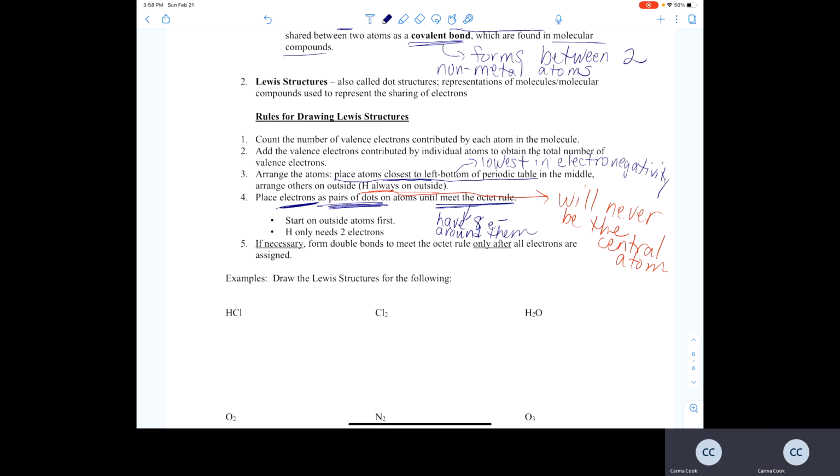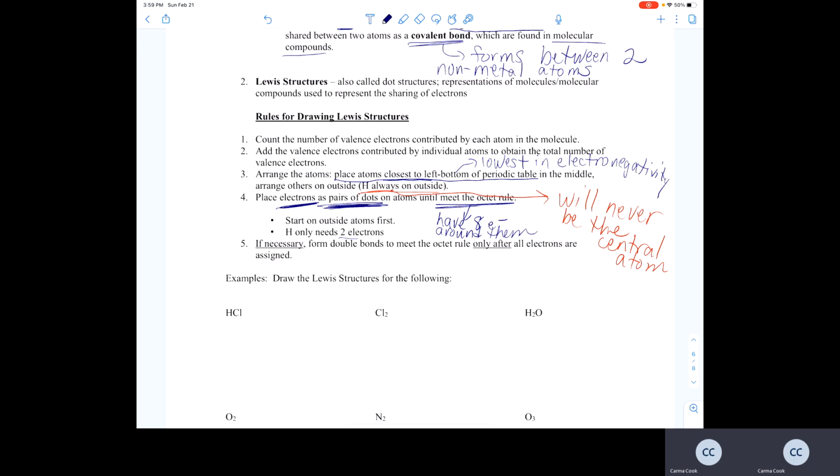So you're going to start on the outside atoms first, placing the dots as pairs. That's why they call them Lewis dot structures, because electrons that are placed around the elements are represented as dots. And you always put the electrons in pairs. Always 2 dots at a time.